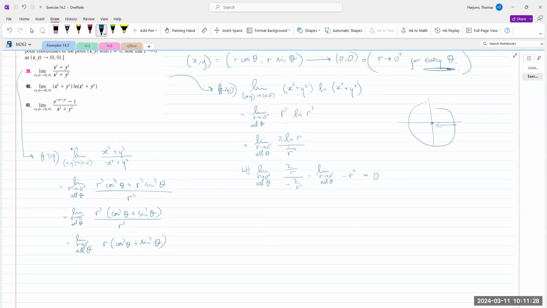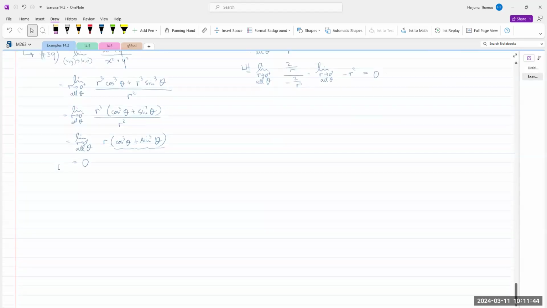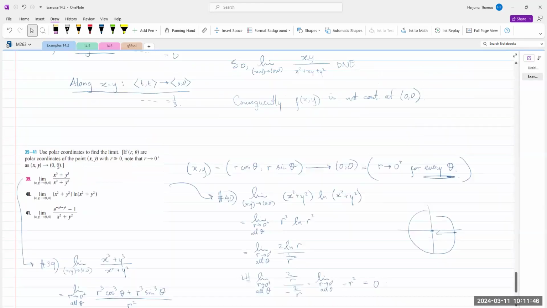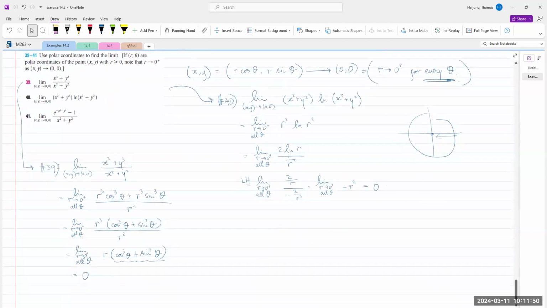This converges to 0. Okay, because this may give you some constant, right? But as long as r goes down to 0, the limit of the whole thing is 0. That's basically it.